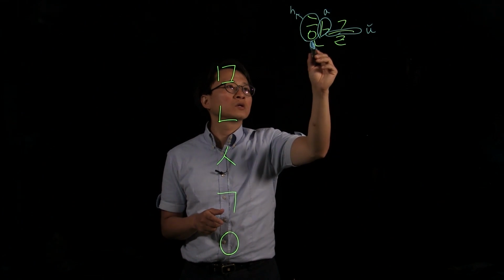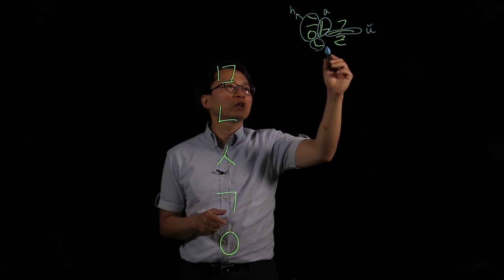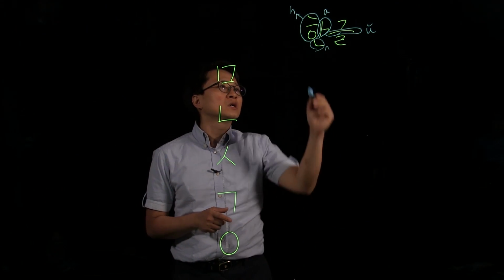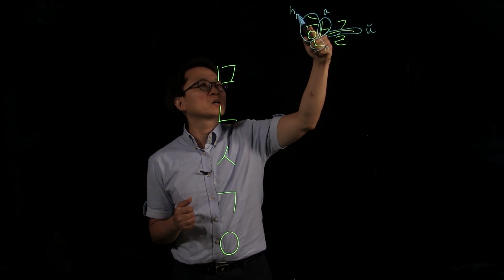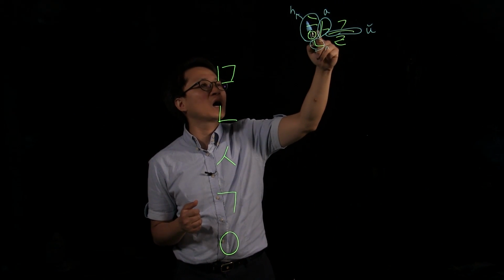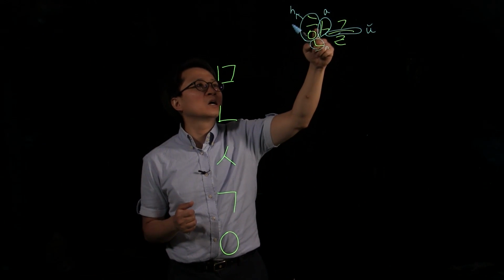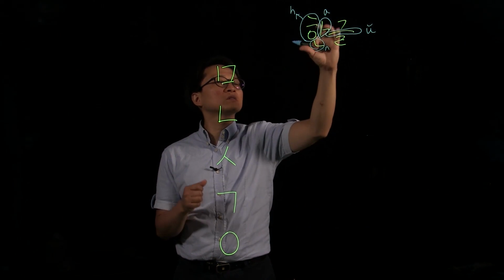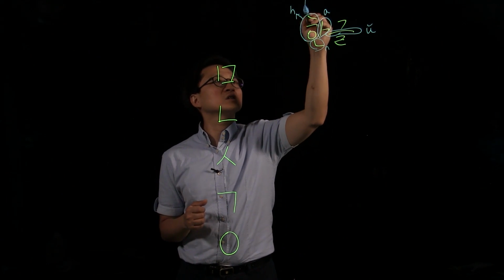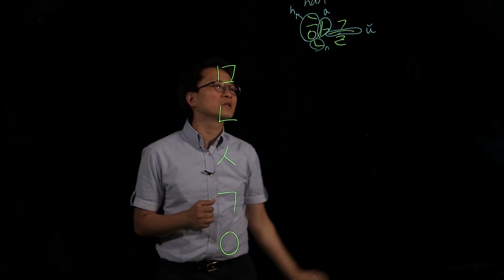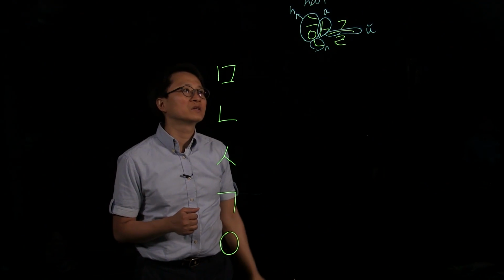And this one represents the sound value of N sound. And I just combined them, and this group represents this syllable han. Okay, han.